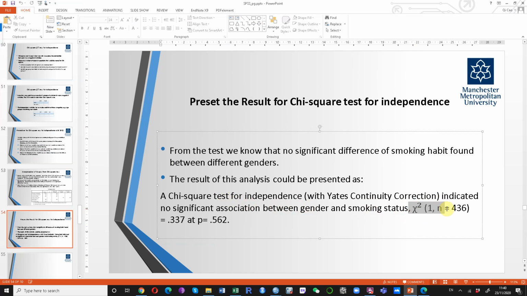So the chi-square, one is, I think, the degree of freedom, but you don't need to care too much about it, at p at 0.562, indicating the acceptance of the null hypothesis, so rejecting the hypothesis that there's a gender difference in terms of smoking habits. So that is what our sample tells us. Gender does not influence whether you are a smoker or non-smoker.